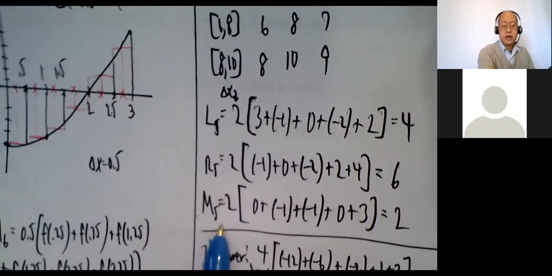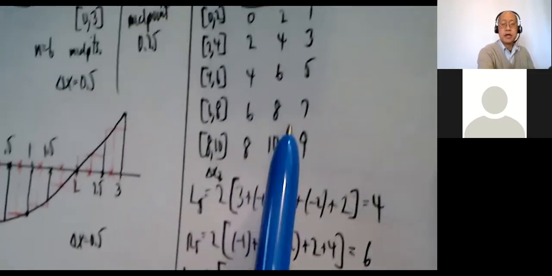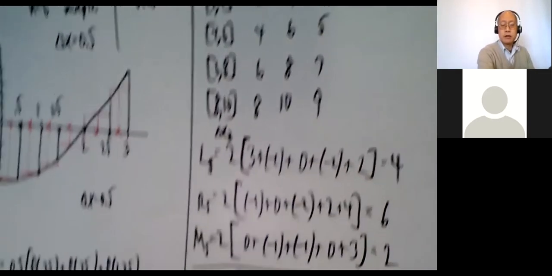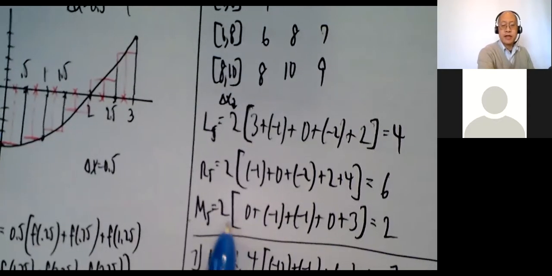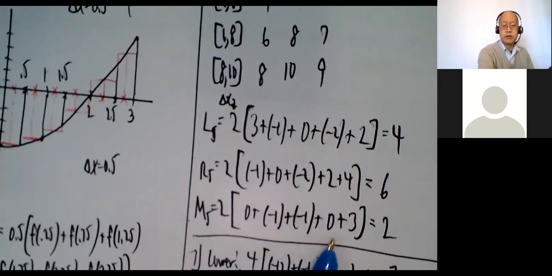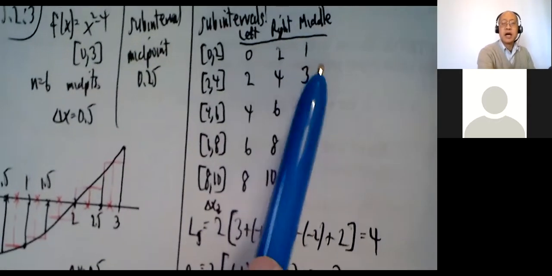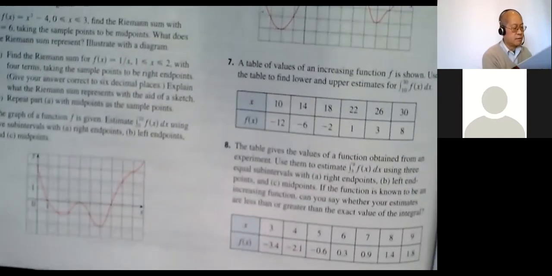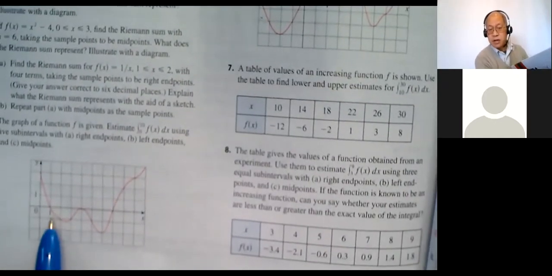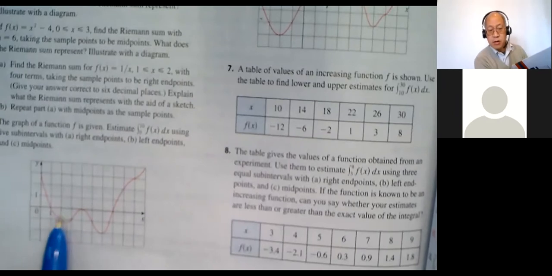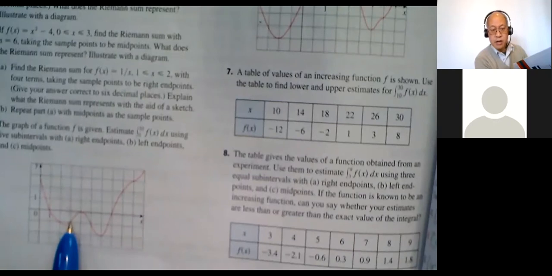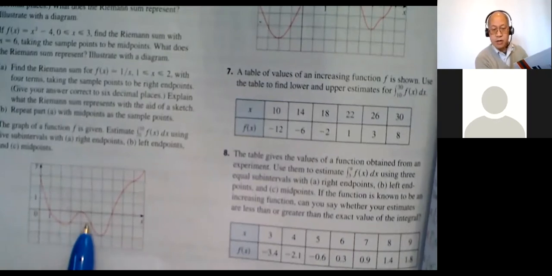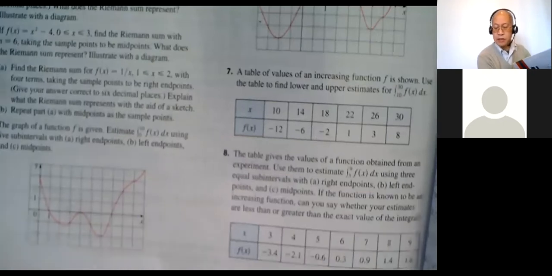Finally, M5, the height at the midpoints. The midpoints are 1, 3, 5, 7, 9. Here are supposedly the heights, 0, -1, -1, 0, and 3. So the heights at 1, 3, 5, 7, 9. 0, -1, -1, 0, and 3.